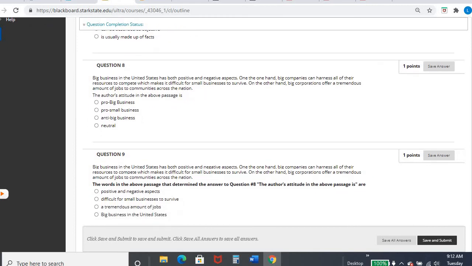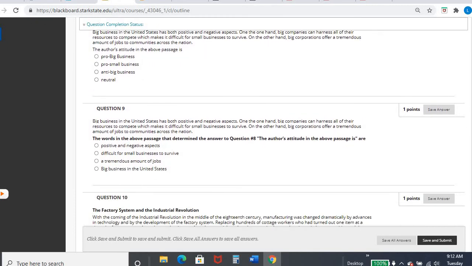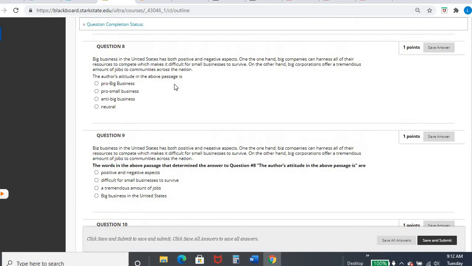All right, so we're going to take a look. You can see questions 8 and 9 go off of the same selection. So I'm going to read this. Big business in the United States has both positive and negative aspects. Okay, so right now they're introducing the fact that they're going to possibly introduce both good and bad. On the one hand, big companies can harness all of their resources to compete, which makes it difficult for small businesses to survive.